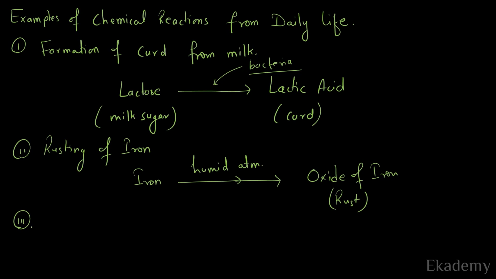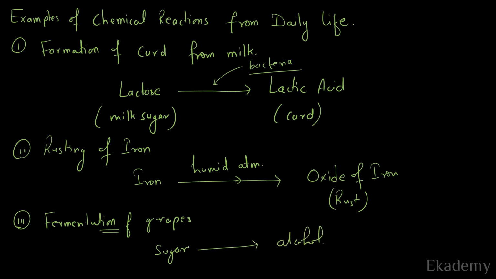Another very common example is fermentation of grapes. It is the process through which wine is produced. What happens over here is the sugar present in grape gets converted into alcohol.